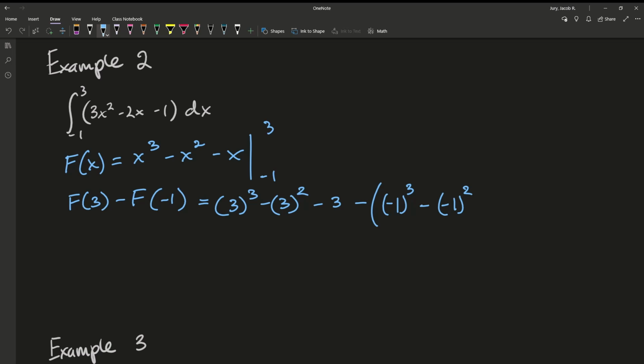Because that's what the function says to do, and then minus -1. So here you can see that every time I put in a 3, that's capital F of 3, and of course the other one is capital F of -1. And I'm making sure to subtract the entire function. So I've got these large brackets around what I'm subtracting.